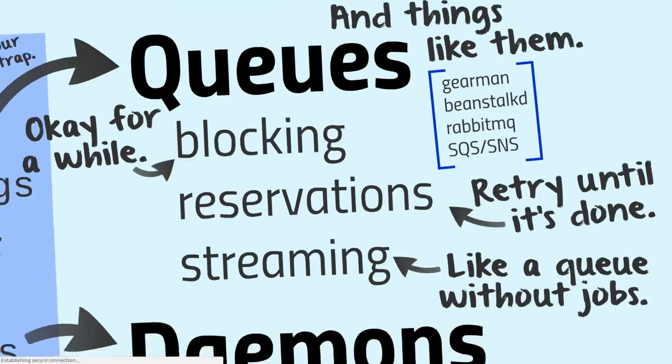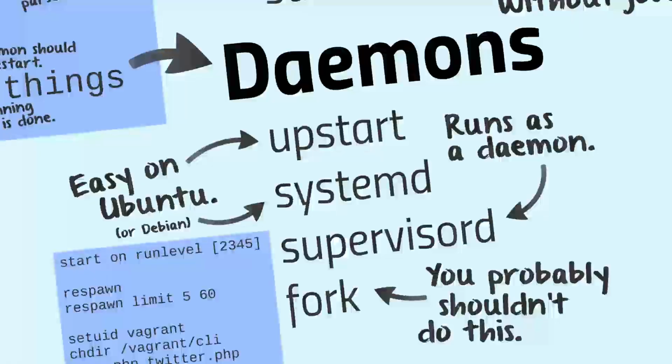And then finally, there's daemons, which are pronounced demons and not daemon, right? So how do we get our PHP process to not shut down, or if it shuts down, to restart automatically? How do you do it on Windows?